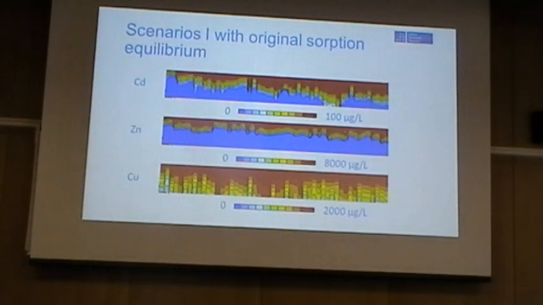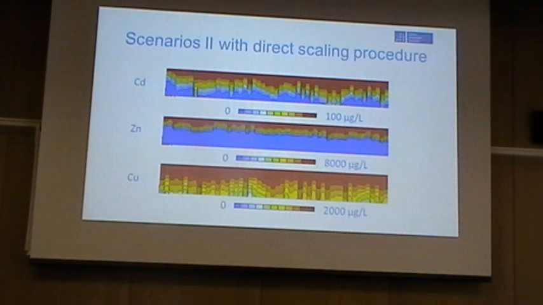So, three scenarios will be simulated. Scenario 1 will be simulated with the original sorption isotherm. After I show you all of these scenarios, a comparison will be made. So let's go to scenario 2.